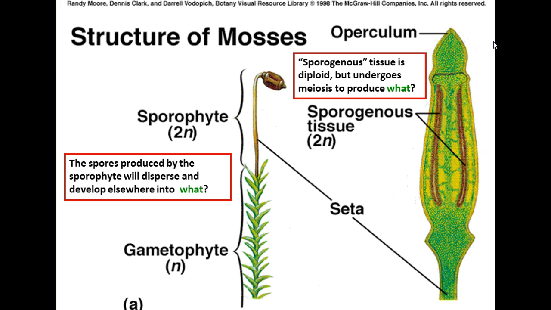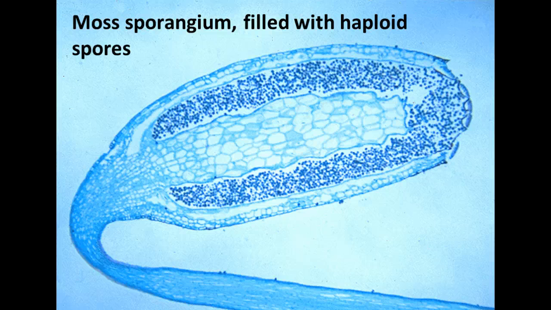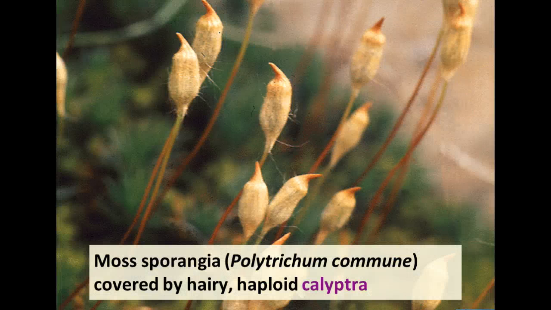Spores. Yeah, so it produces spores. Okay. The interesting thing though is that the sporophyte absolutely depends on the gametophyte for everything. So water, nutrients, everything. So here we can see some spores, the little tiny dots there.